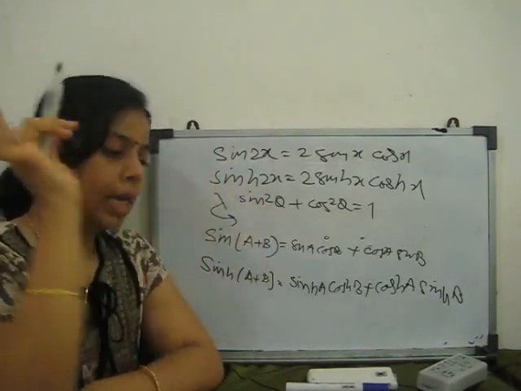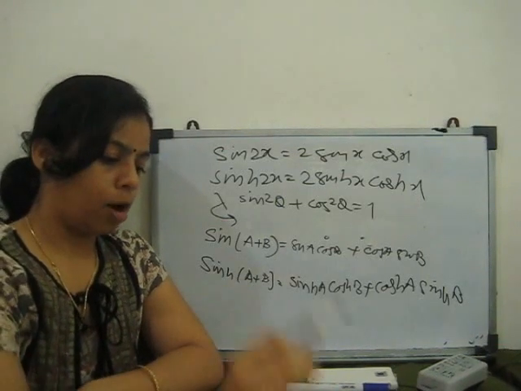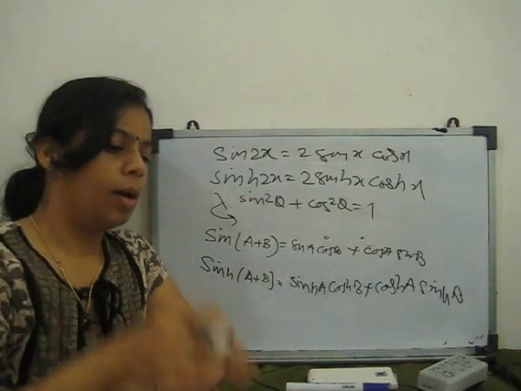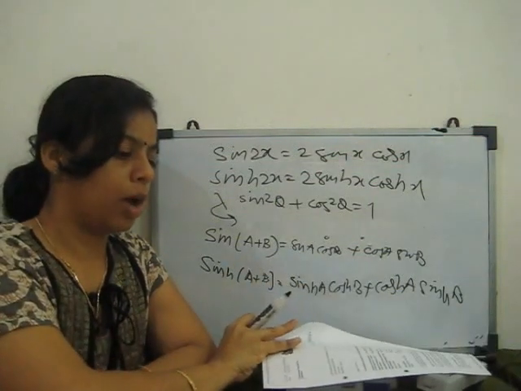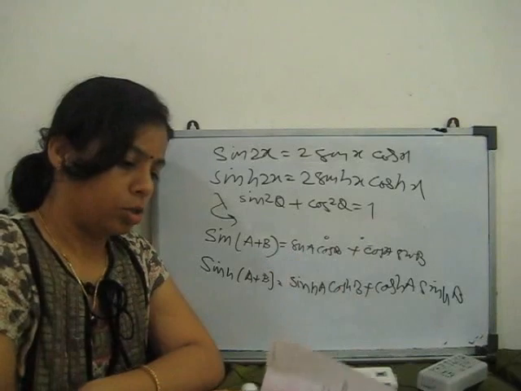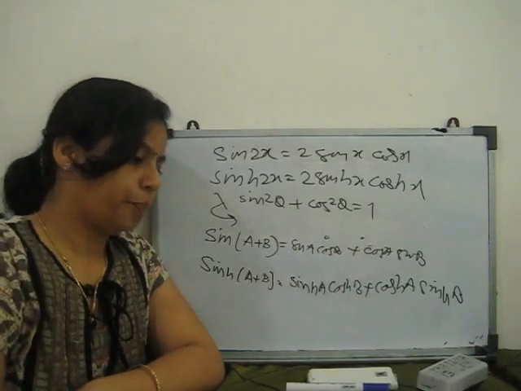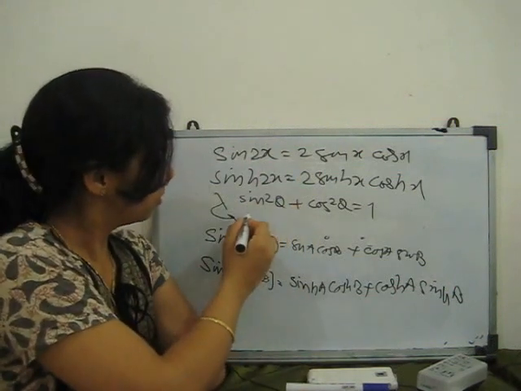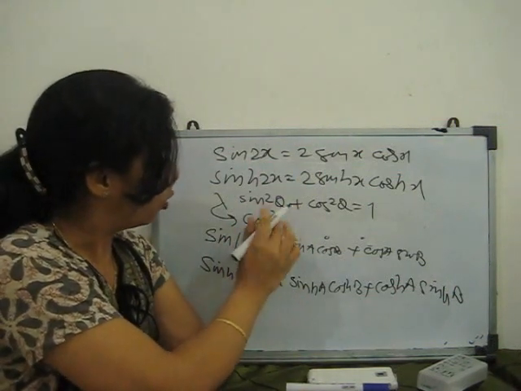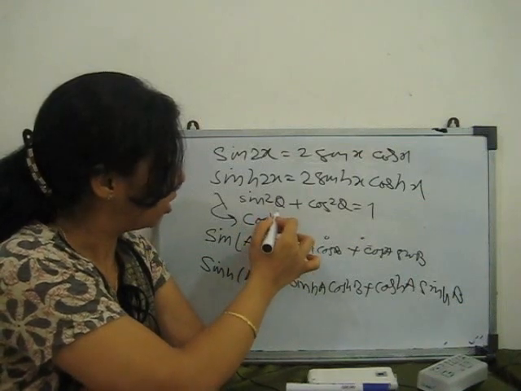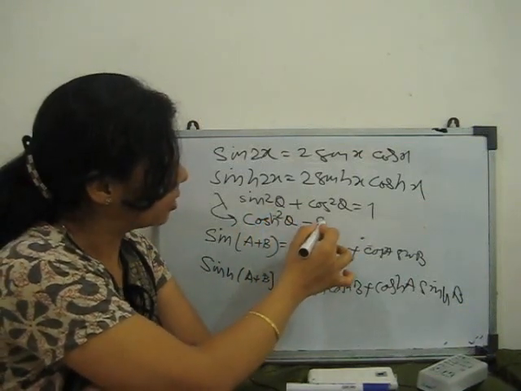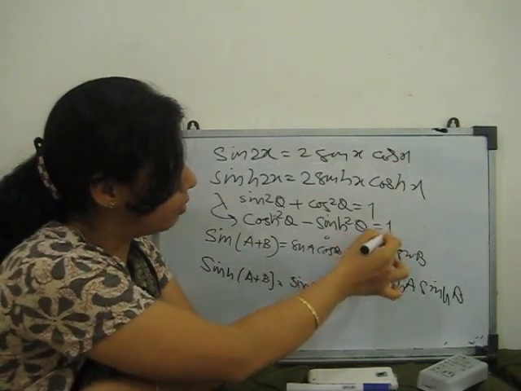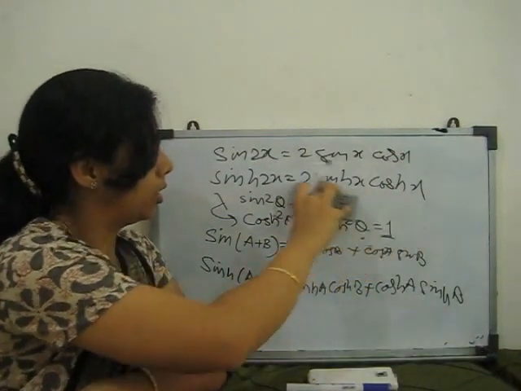In hyperbolic functions, our formula becomes cosh square theta minus sinh square theta is equal to 1, not like this.